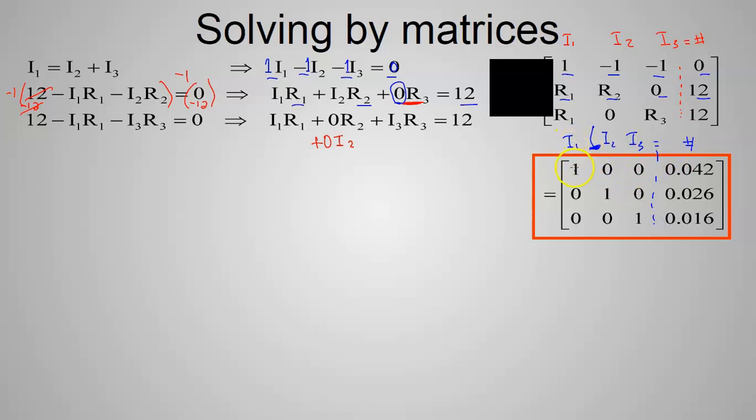So what we're really saying here is that 1I1 plus 0I2 plus 0I3 equals 0.042, and of course these don't do anything, and that 1 doesn't do anything, so I1 equals 0.042, and I2 equals 0.026, and I3 equals 16 milliamps.